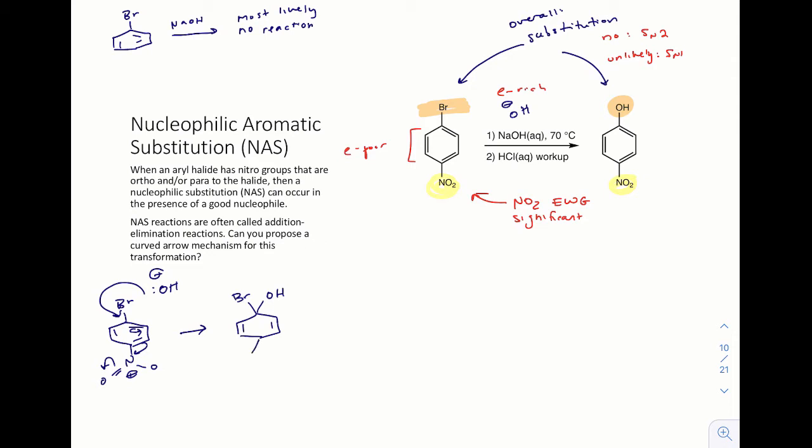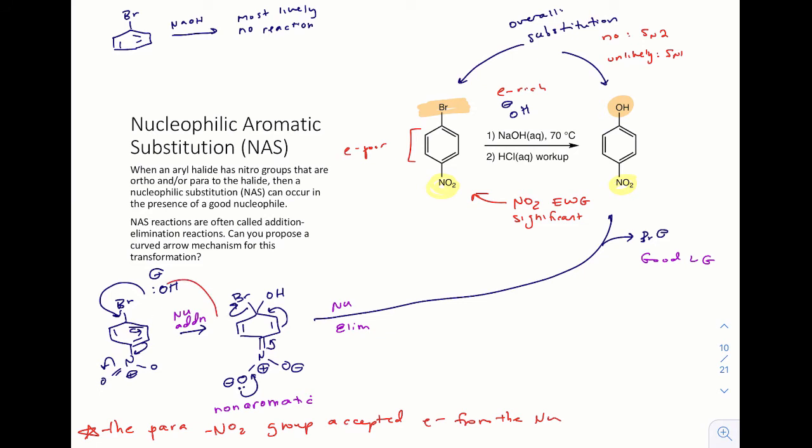And I'm drawing the arrows directly there because this nitro group is the reason why this reaction takes place. It can accept the electrons from the nucleophile. Now, although this is a stabilized anion, it is non-aromatic. And a simple lone pair push, a nucleophile elimination step, so we're reversing these arrows, but instead of expelling hydroxide, expelling the better leaving group, bromide, generates the product. So a nucleophile addition, nucleophile elimination step led to a net substitution.